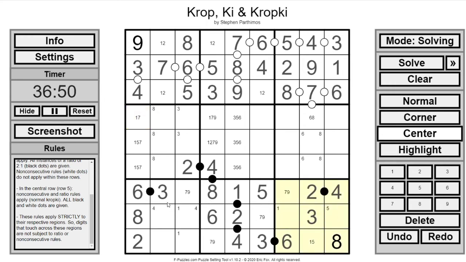So what digits are left in here? We've got 1, 4, 5. And then 9's left as wild. Is it? Yeah, I don't really have any idea how to figure that out.